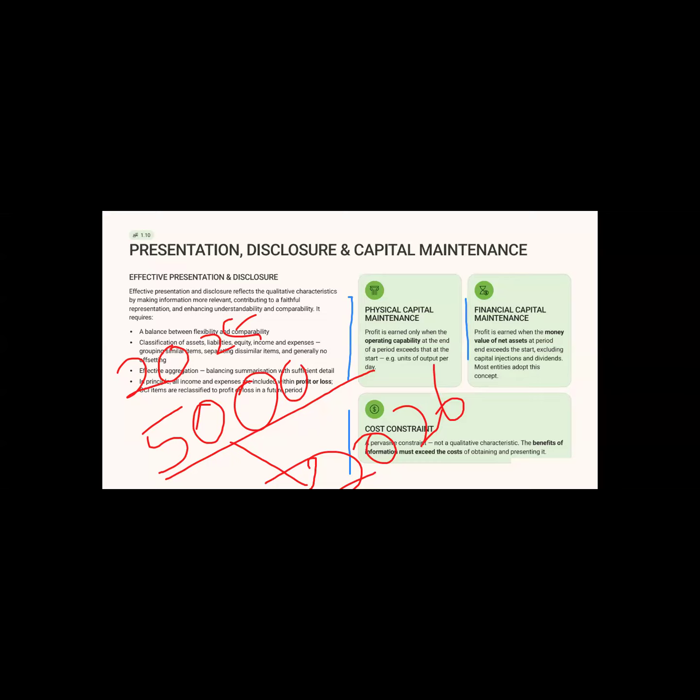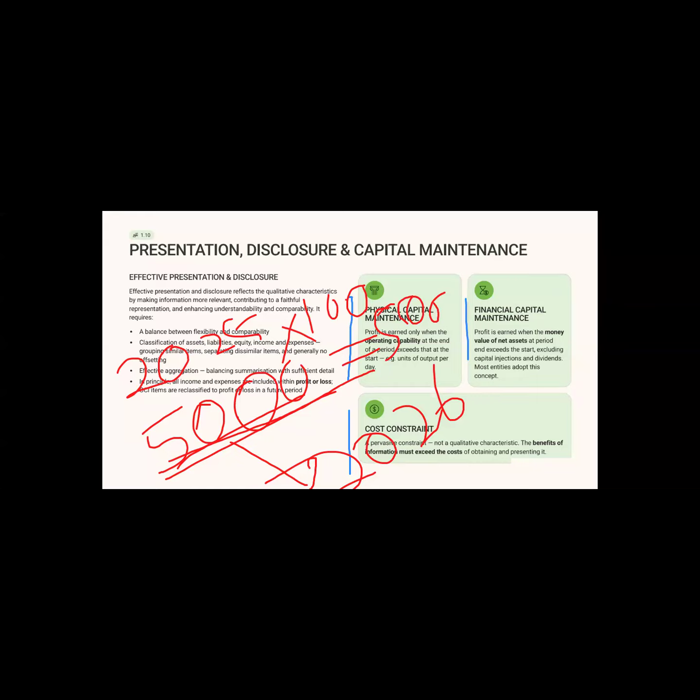There's no efficiency in operations. Let's say the selling price of a unit is 100. In the month of January you produced 5,000 units, so your total sales revenue will be 5,000 times 100, that is 5 lakhs.